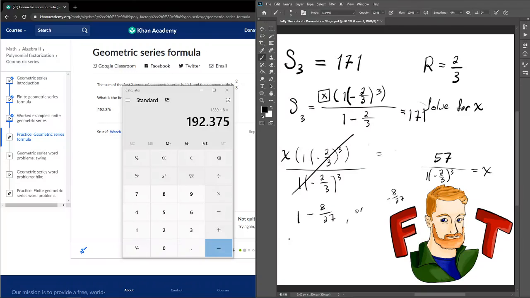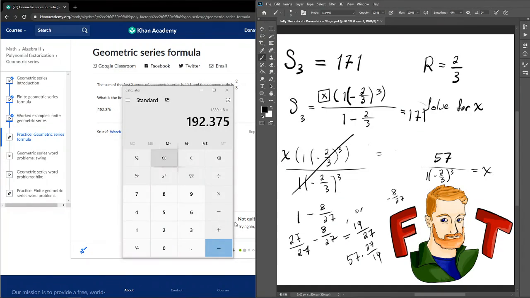So we need 27 over 27 minus 8 over 27. So that would mean we'd end up with 57 times 27 over 19.